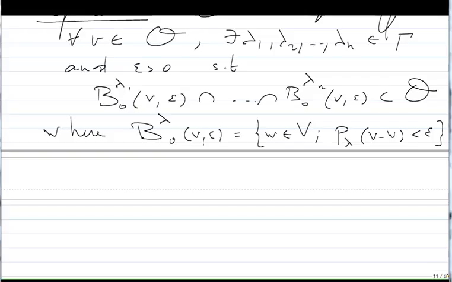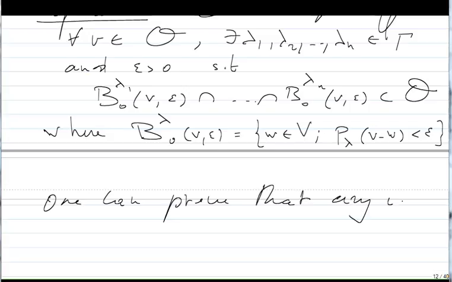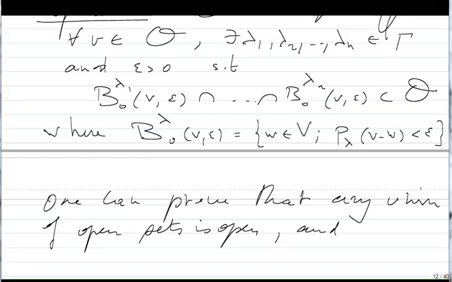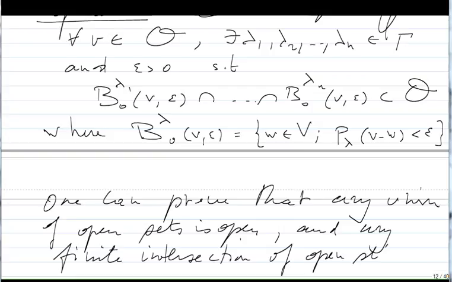Okay, so this defines the concept of open set, and what we can prove is that, as usual, the empty set is open. One can prove that any union of open sets is open, and any finite intersection of open sets is open.